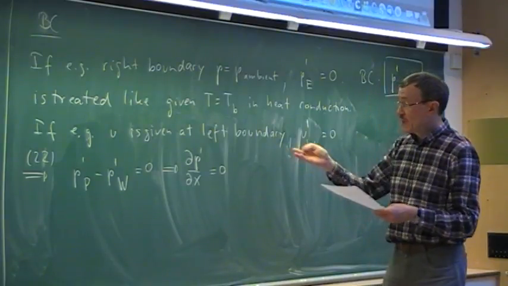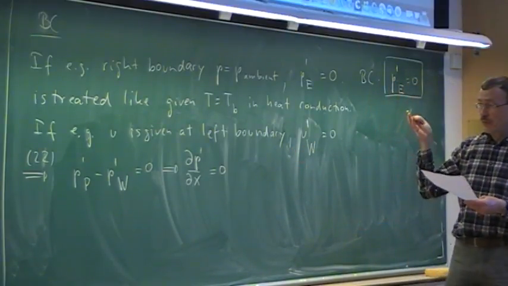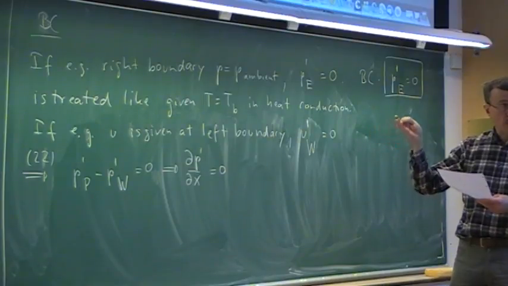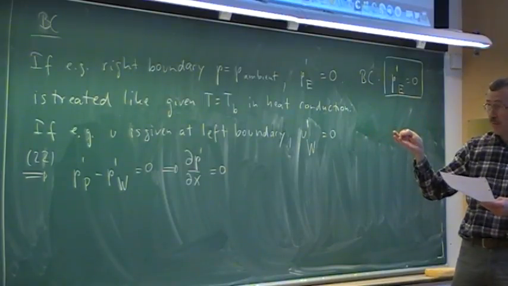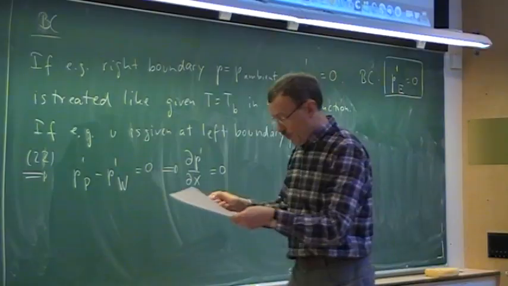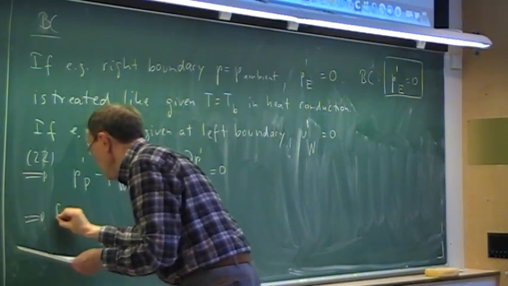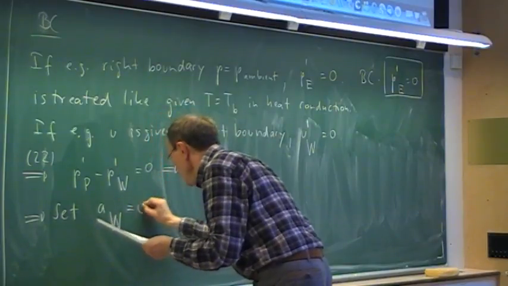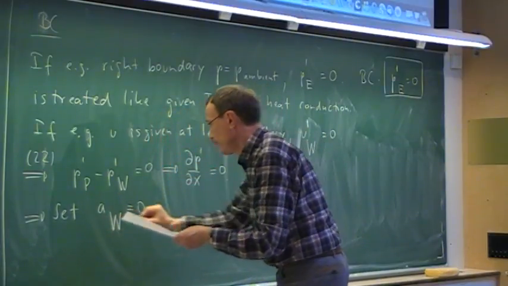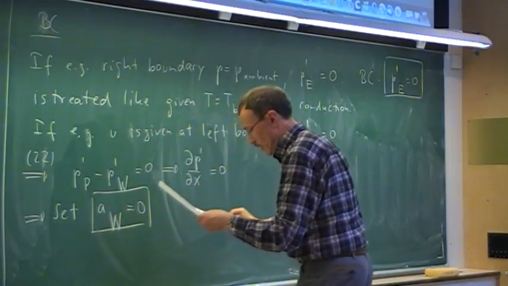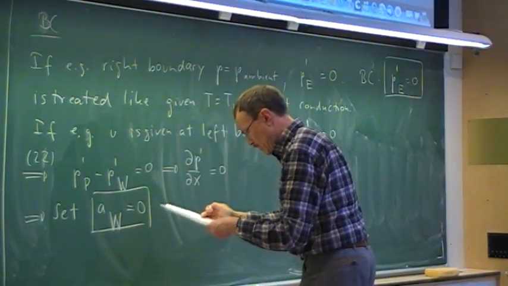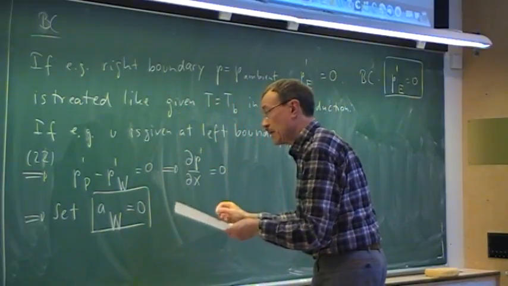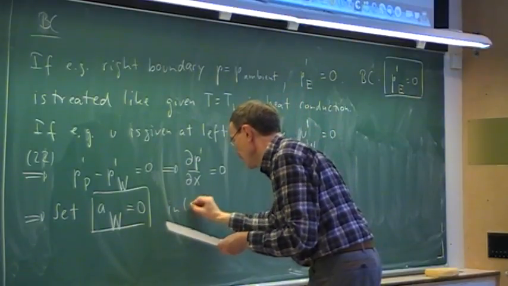So then we have a similar boundary condition as for the energy equation when we have an adiabatic boundary condition. In that case, we set the corresponding AW to 0 at the left boundary, as in equation 24 that we had before.